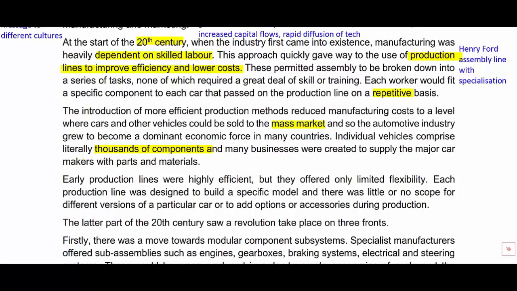So interesting the way they refer to the history of costs coming down, giving access to the mass market. And in fact, that is still occurring today when you think about what is happening with electric car models, with Tesla leading the way there. What they've been doing over the last few years is achieving more economies of scale.